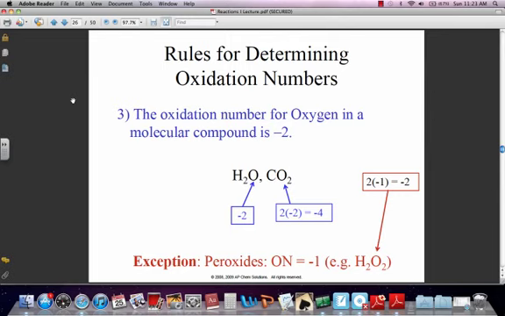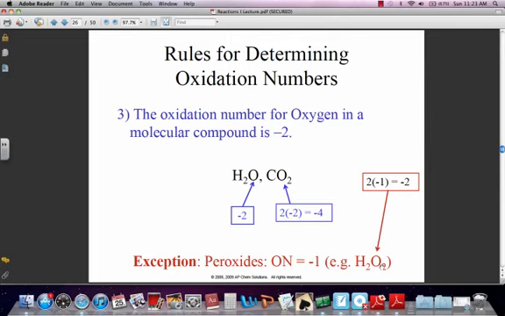The oxidation number for oxygen in its molecular compound is -2. So when you see oxygen, the majority of the time it's going to be -2. Right here, -2. There's 2 of them, so its overall charge is -4, but its oxidation number is -2. Now there are exceptions: peroxides, like hydrogen peroxide.